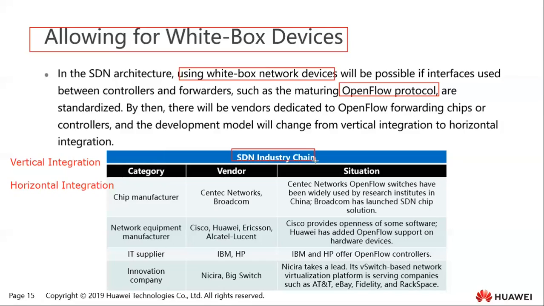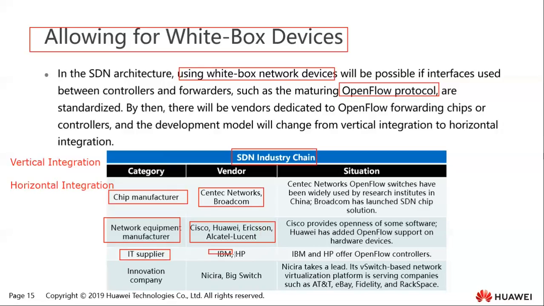So the SDN industry chain: we have chip manufacturers called Centec Networks, and also Broadcom. So there are some of the people who do SDN chip manufacturing. Network equipment vendors, of course, we have Huawei, Cisco, Ericsson, Alcatel, Juniper, etc. IT suppliers for services, IBM and HP.